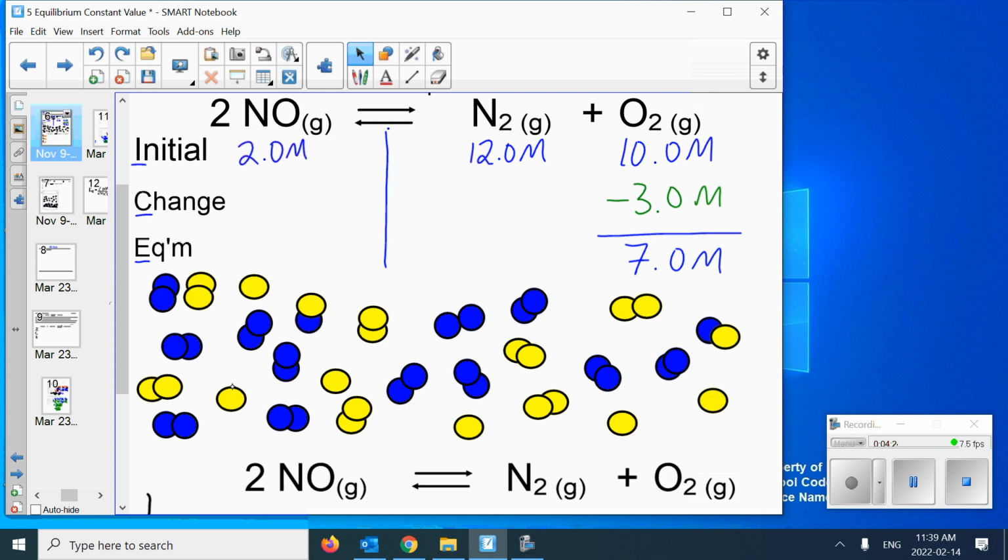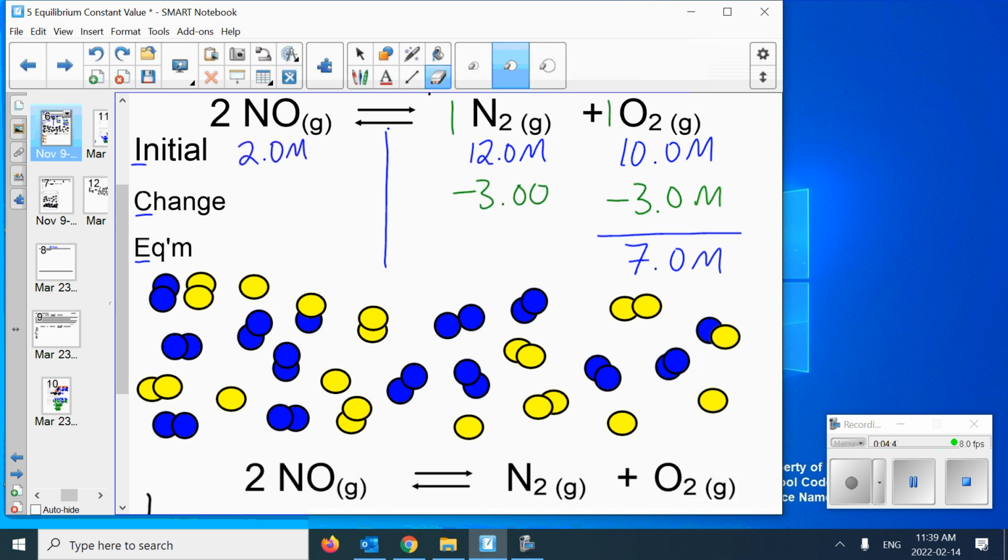Now, according to the balance numbers, oxygen's a 1, nitrogen's a 1. For every group of oxygen that breaks up, there will be a nitrogen that breaks up. Does that make sense? 1 to 1, it changes. So this is minus 3 as well.